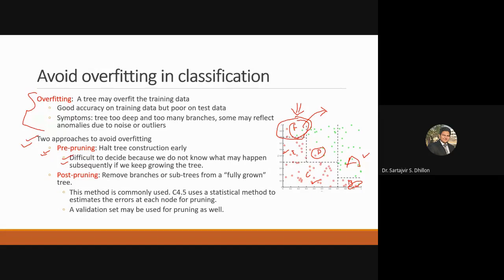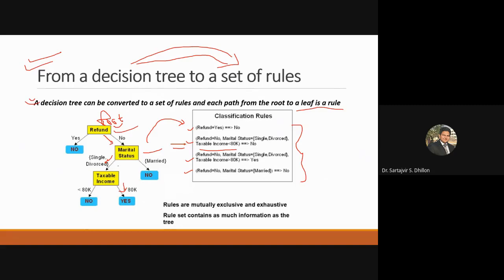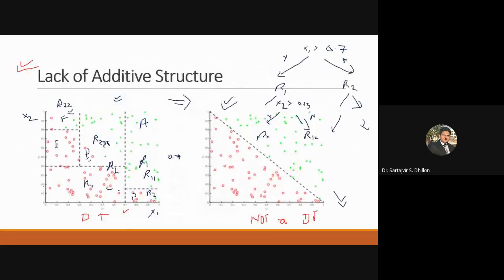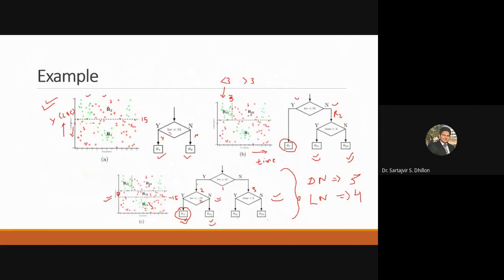But that is very difficult for us because we don't know what may happen subsequently. At the end we will not get the end result. So here you can see that we have done a pre-pruning, and we have only got up to this point.